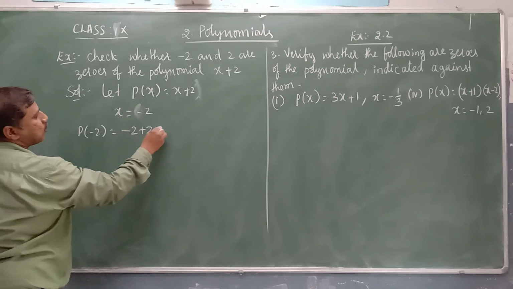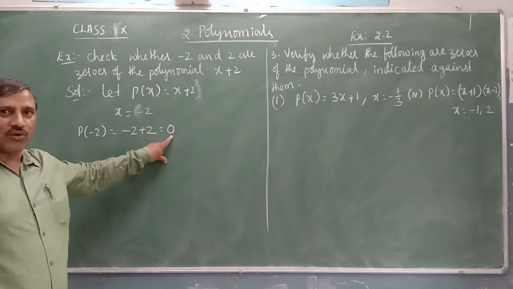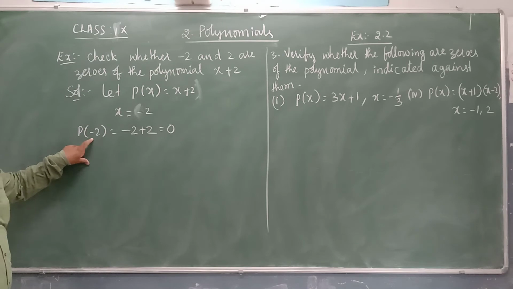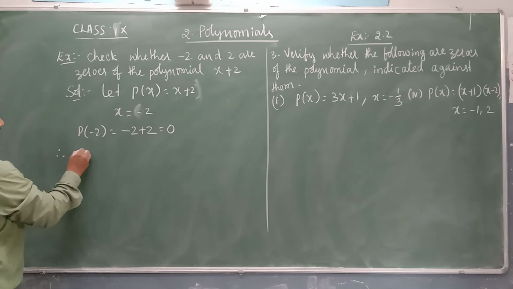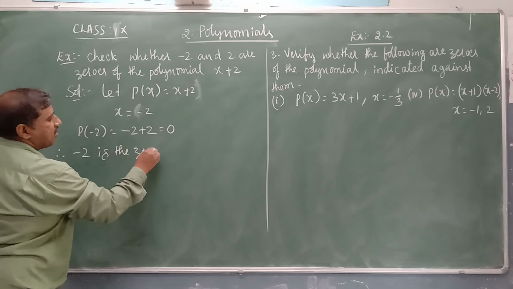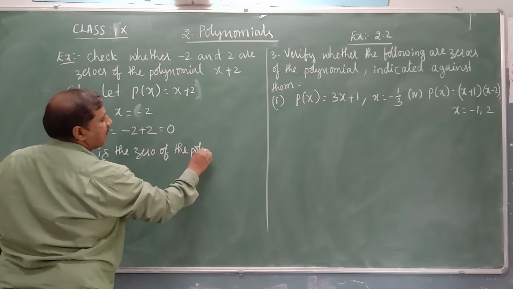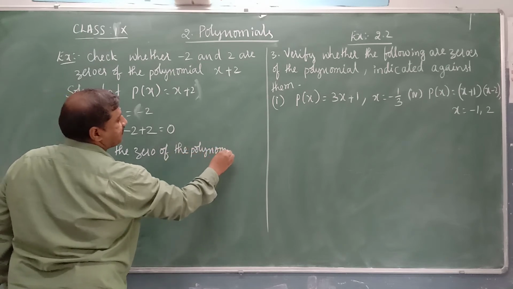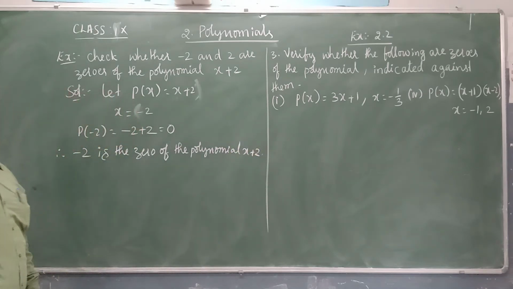What do we get? It is 0. So we got the result 0. Therefore, minus 2 is a 0 of the polynomial x plus 2.